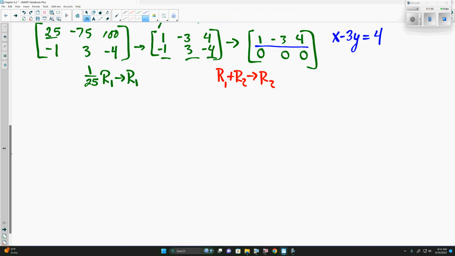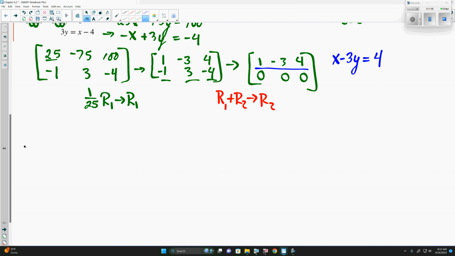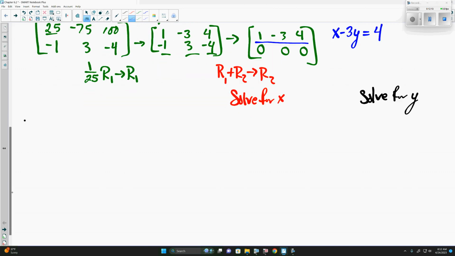Now there's two ways we can go from here. We can solve for x, or we can solve for y. Now I'm going to solve for x first.